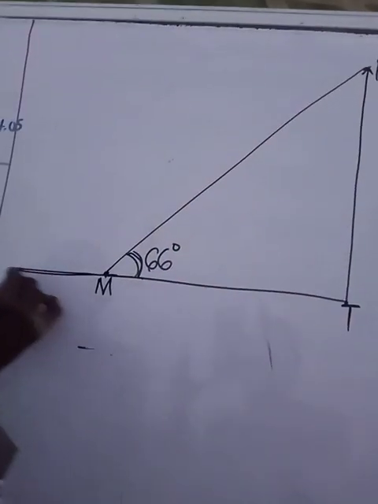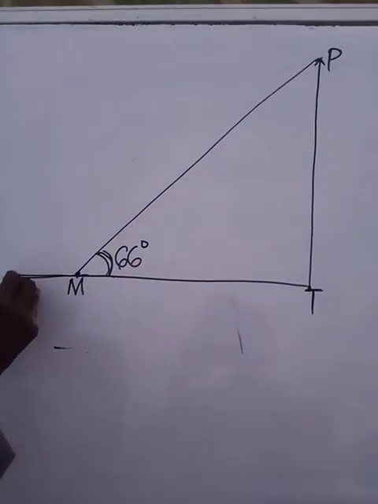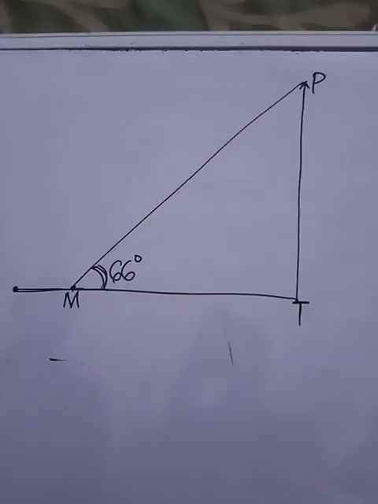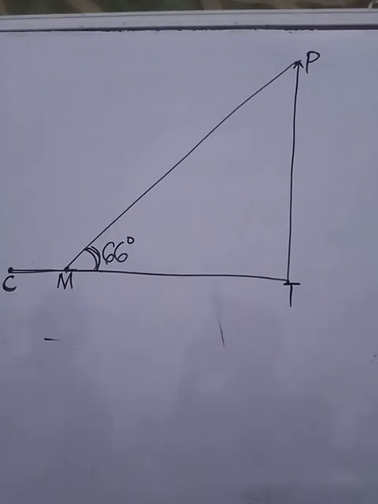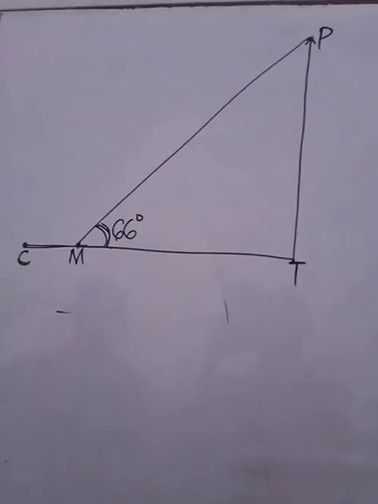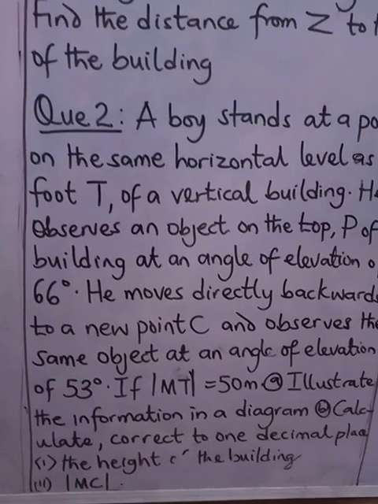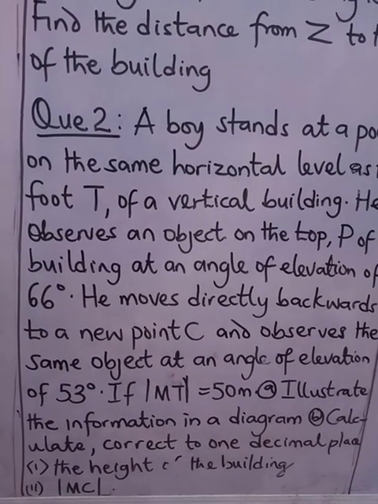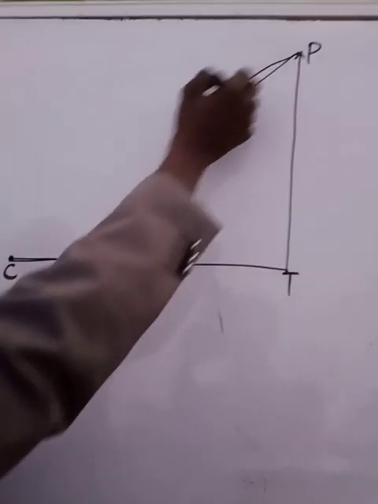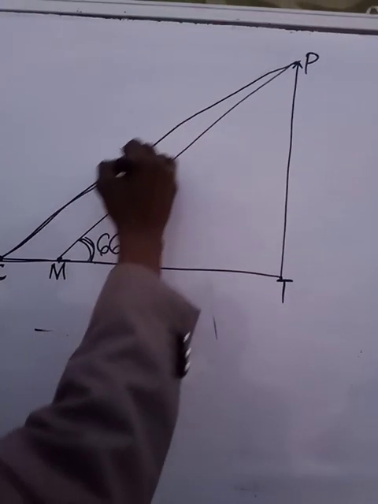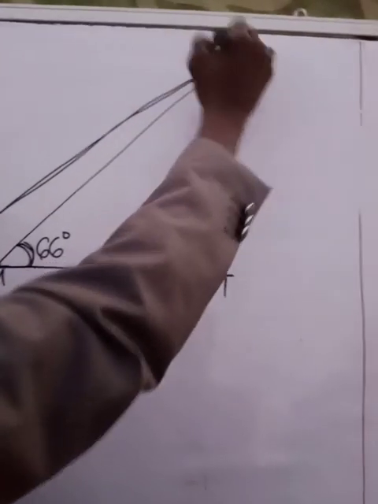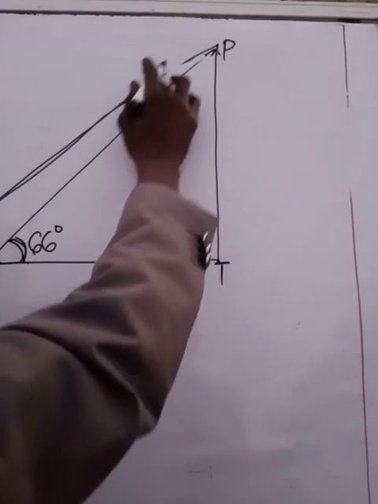He then moves backward to another point. Let's call this point C. He observes the same object at an angle of elevation of 53. So from here again, you see the same object is observed.